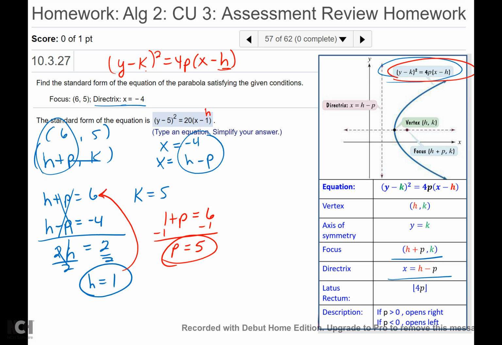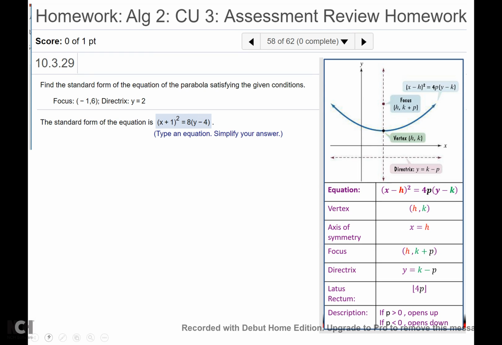Again, I needed to find h, k, and p, which I did, so when I plug them in, I'm going to have y minus k, which in my case is 5, squared equals, if p is 5, then 4 times p is 4 times 5, which is 20. So that goes where 4p is. And then I have x minus my h, which is 1. There's my equation.